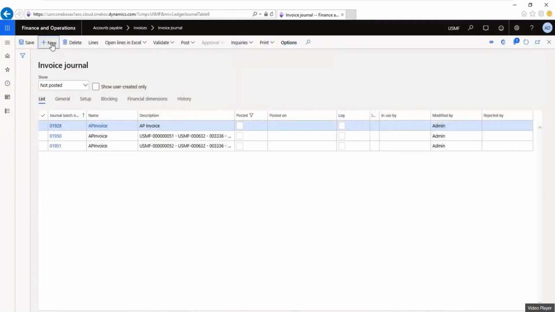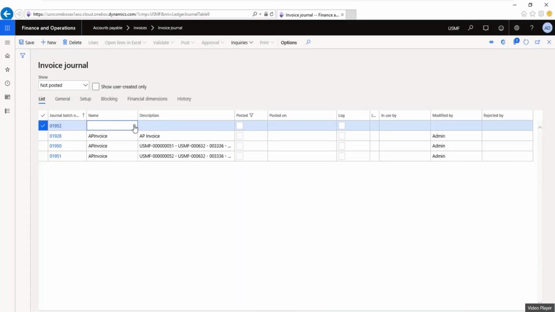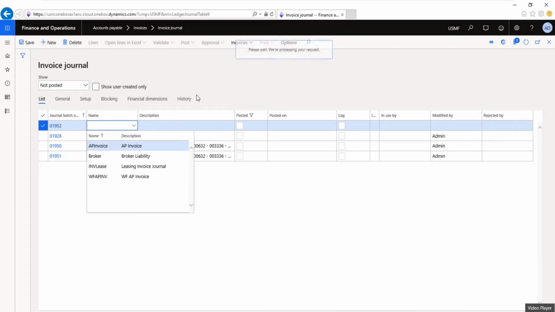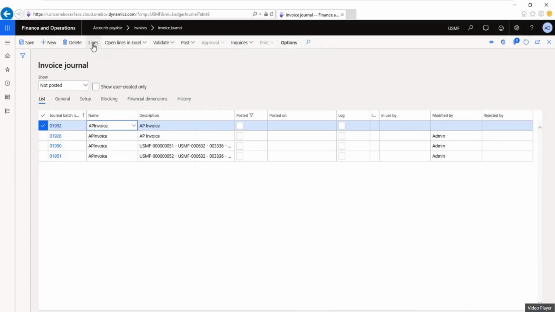Click on new, select the invoice, go to lines.